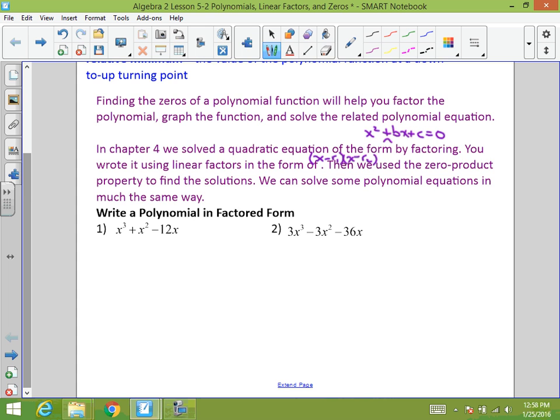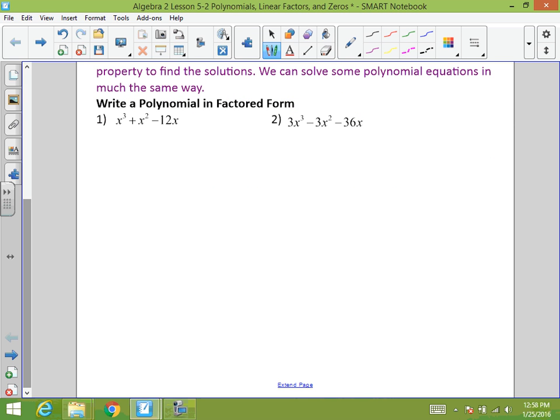Okay, for example, let's take a look at the following. We're going to write a polynomial in factored form. If I have x to the third plus x squared minus 12x, the first thing you always look for is the greatest common factor. My GCF here is x. So if I take out an x first, I will get x squared plus x minus 12. Now I need the product of negative 12 and the sum of positive 1.